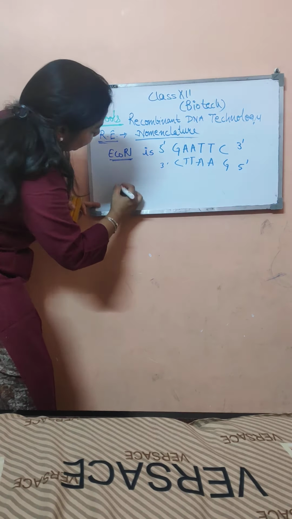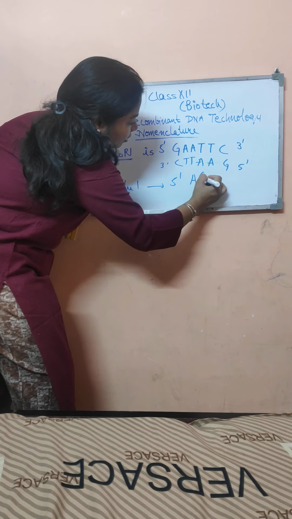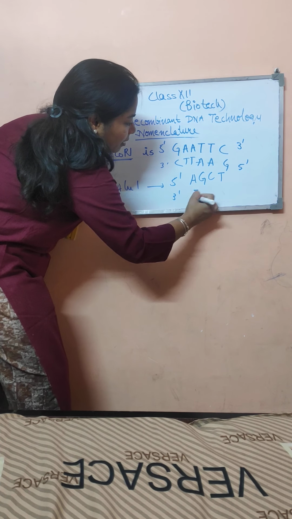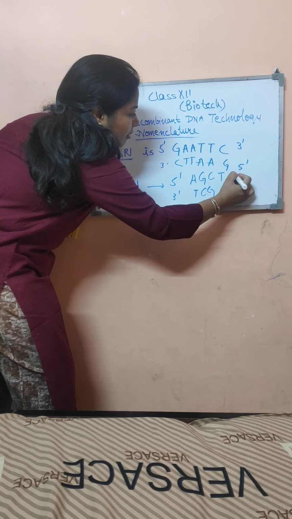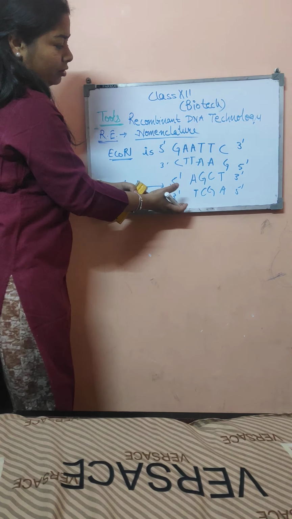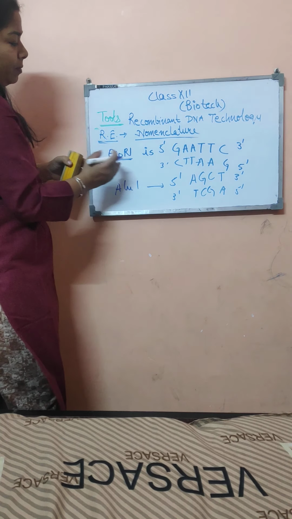And what about AluI? It is AGCT. This is 4 nitrogenous bases long and this is 6 nitrogenous bases long.